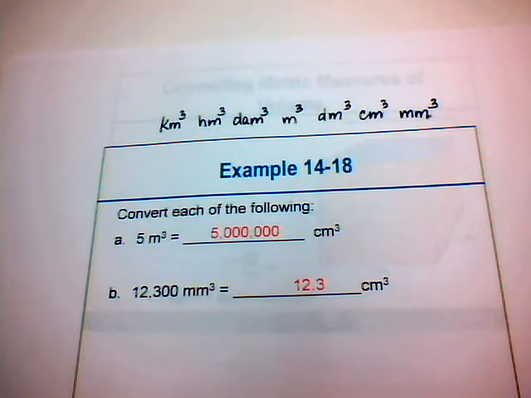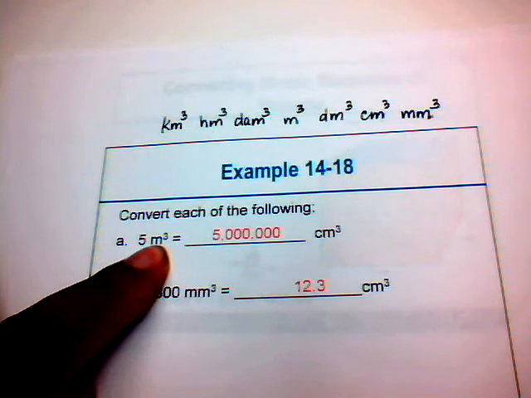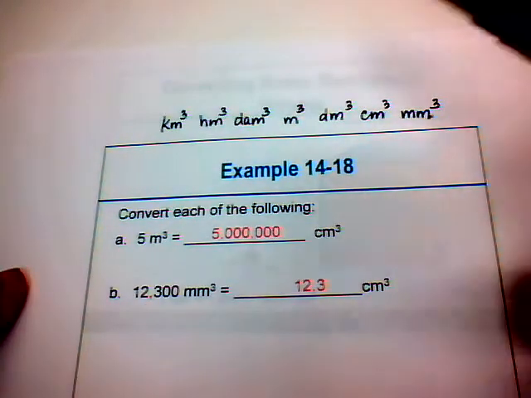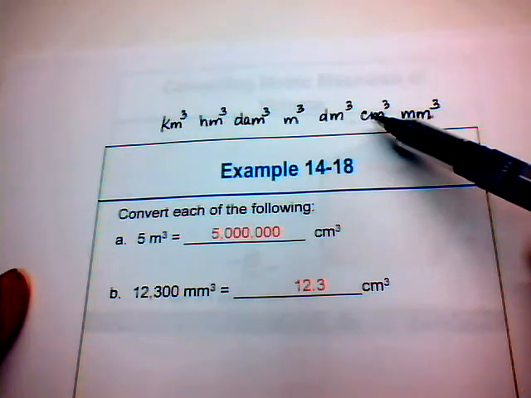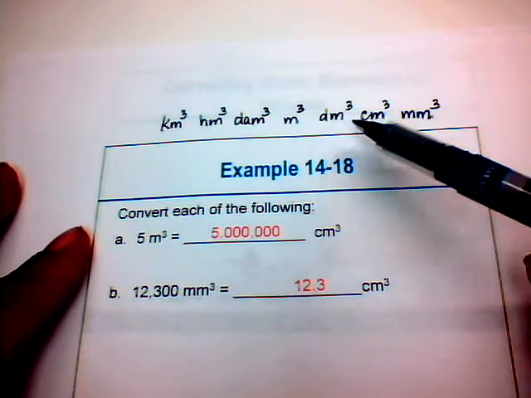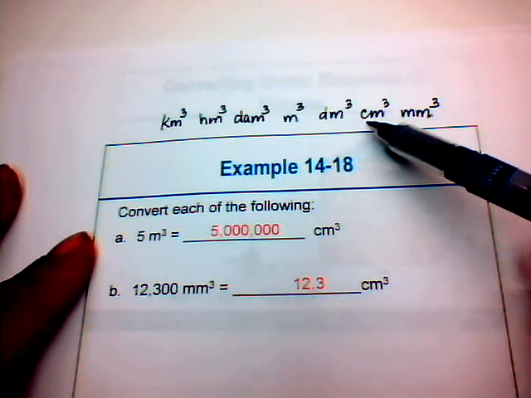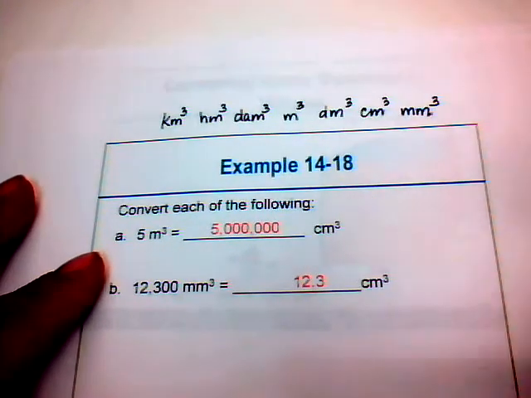Now, if I want to convert from cubic meters to cubic centimeters, well, from meters to centimeters, normally that's 2 places to the right. But since we're dealing with cubic meters, we're going to do 3 times the number of moves either to the left or to the right. So 3 times 2 places to the right will be 6 places to the right.